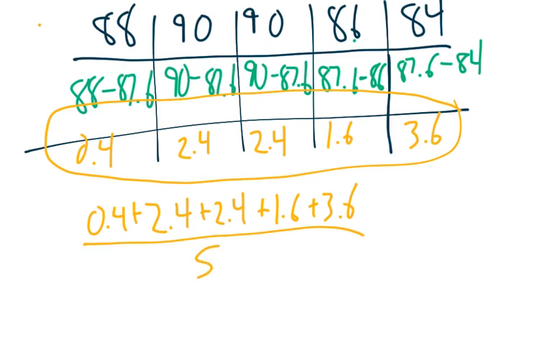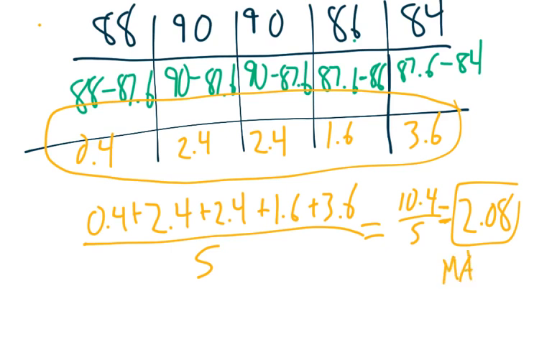All of that divided by 5. Crunch the numbers, and you get 10.4 over 5, which is 2.08. And there we go. And so that, again, represents our MAD.